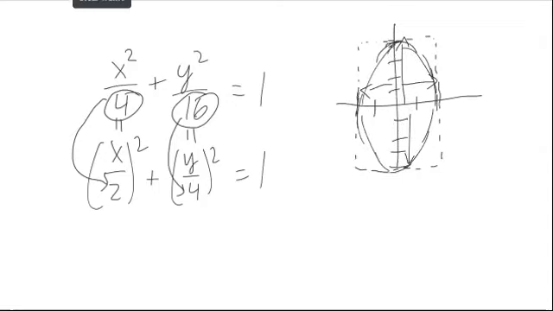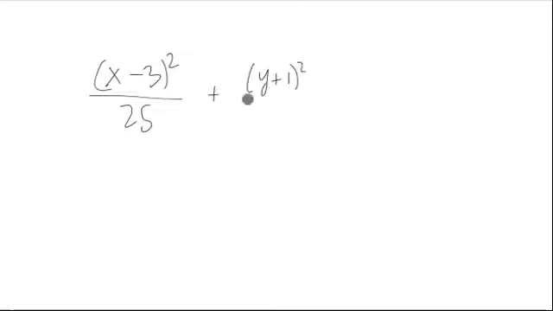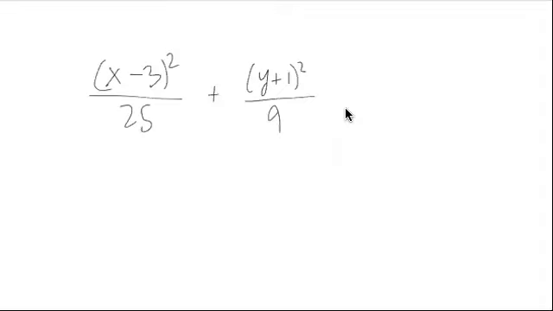Now, what if we have something like this? x minus 3 squared all over 25 plus y plus 1 squared all over 9. Then we set this equal to 1.